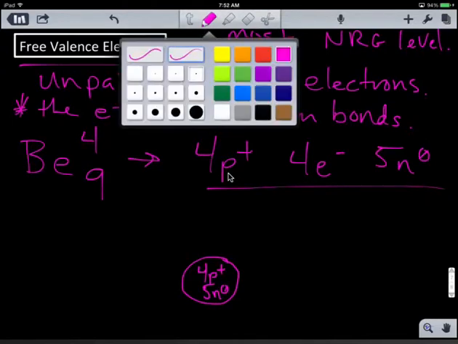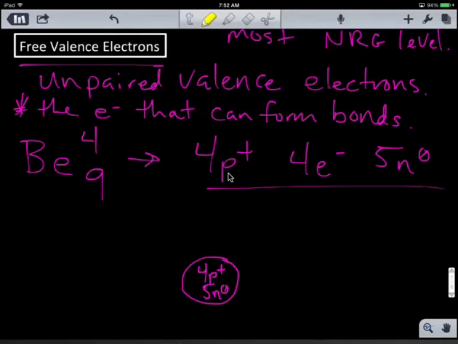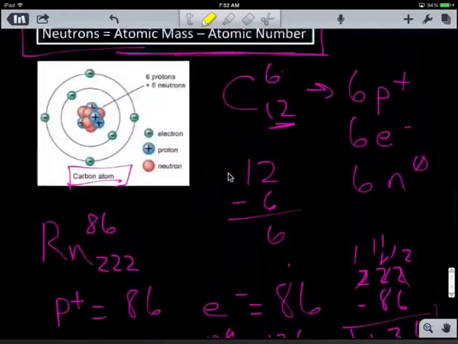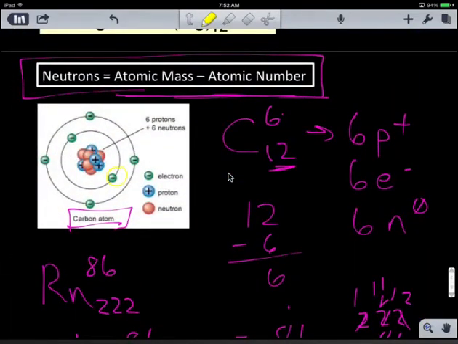I'm going to switch to a different color to show that we're outside of the nucleus now, and we're starting to move into that first energy level. And we had those rules. You can only fit 2 electrons in the first energy level. I have 4 electrons to distribute. And if you looked at this example up above, they have these 2 electrons there, but they're not paired up. So I'm going to pair mine up because I like to do it like this.